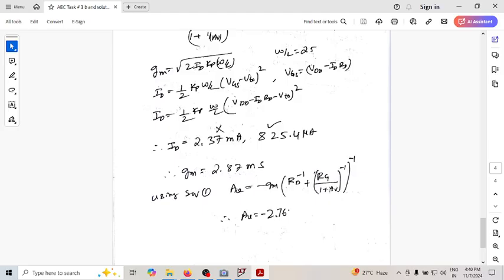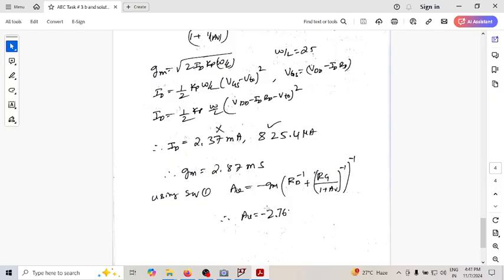Let me try to find out. I think I made a mistake here. This would have been Rg by 1 plus 1 over AV. Let me do that. So sorry for that. So this AV comes out to be, let me do that.